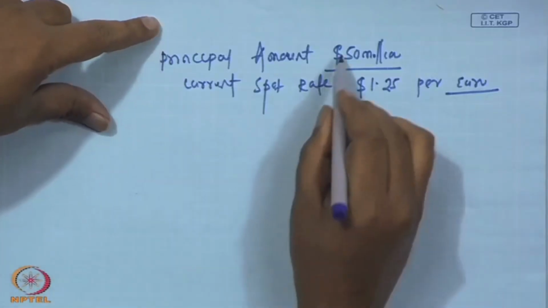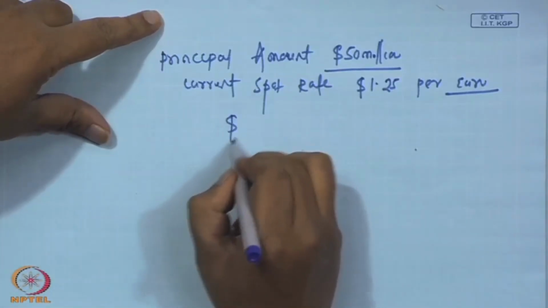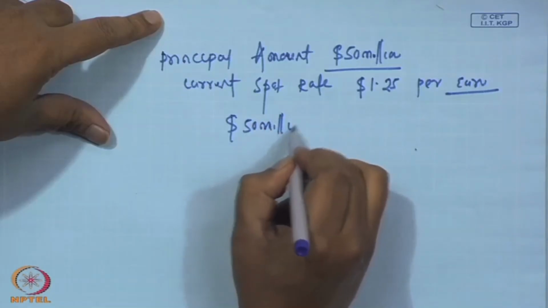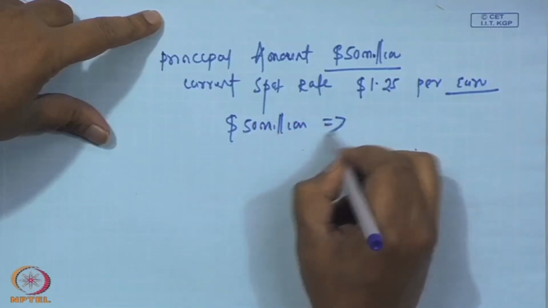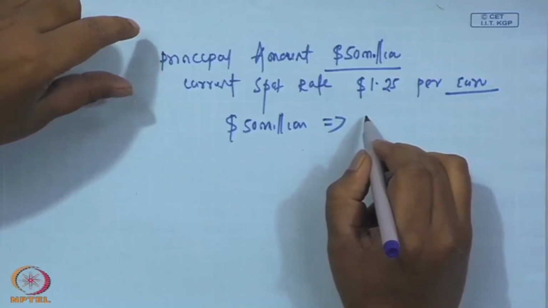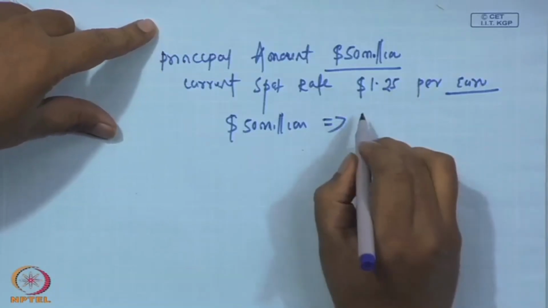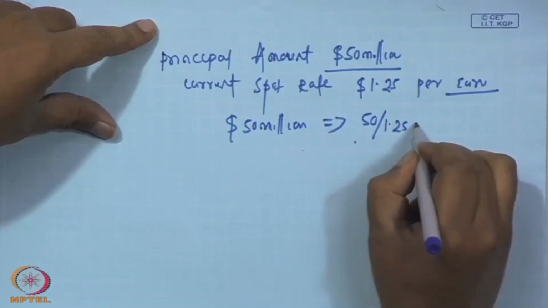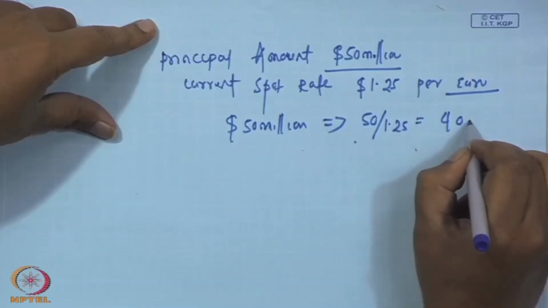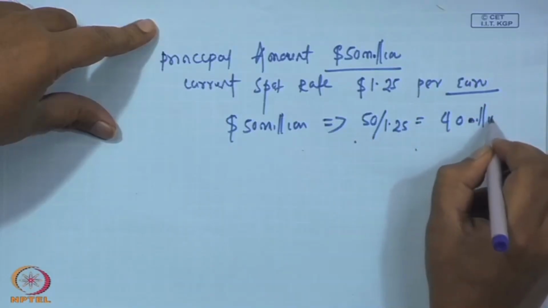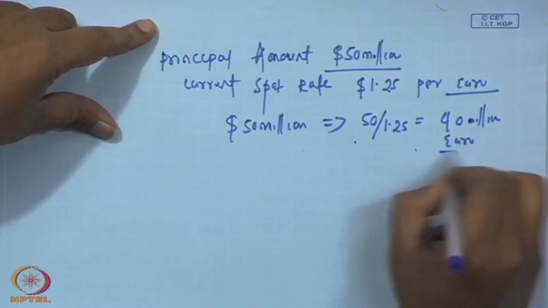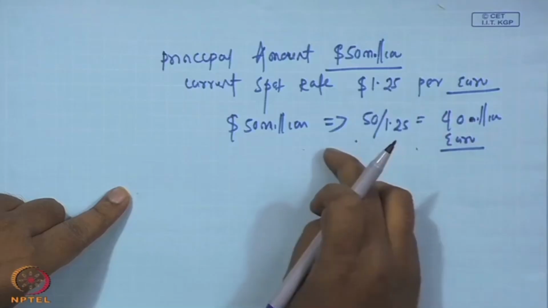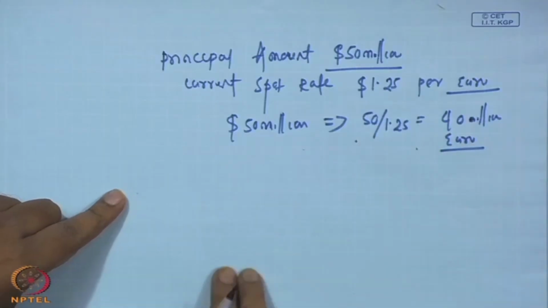What is the equivalent of 50 million US dollars? 50 divided by 1.25 is 40 million euro, because the current rate is 1 euro equals 1.25 dollars, so the equivalent of 50 million dollars is 40 million euro.